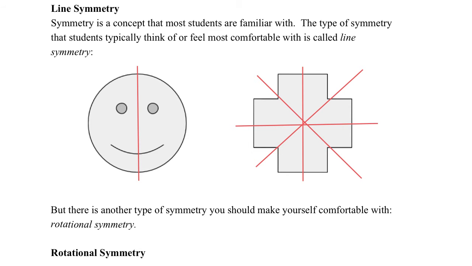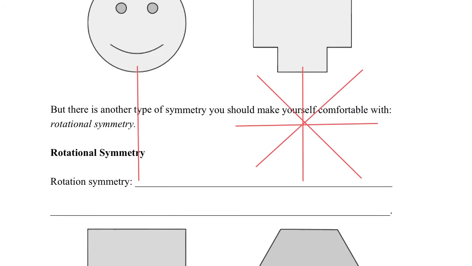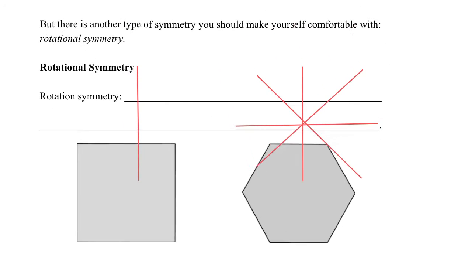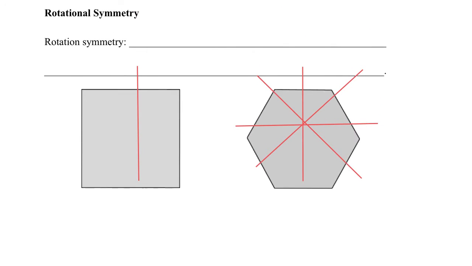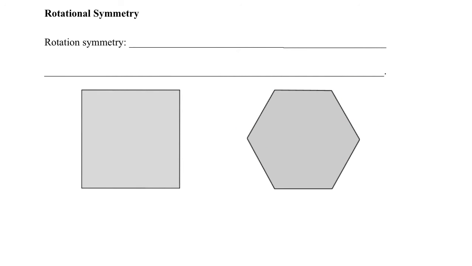So that's where you're familiar with it, but there are other types of symmetry also. In particular, there is rotational symmetry. Let me get rid of these lines. Okay, that's better. Rotational symmetry is when we turn an object on its center and you get the same thing back.